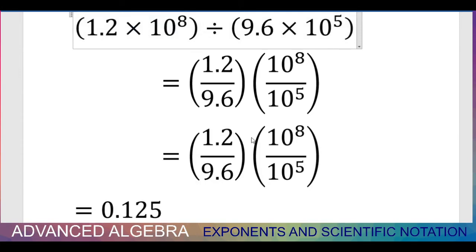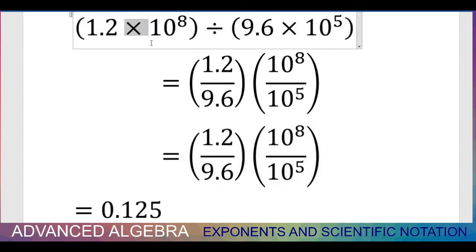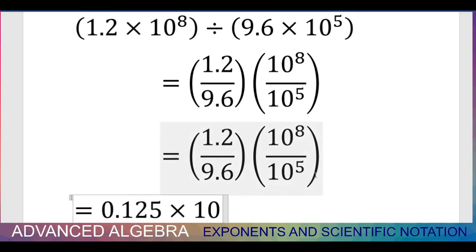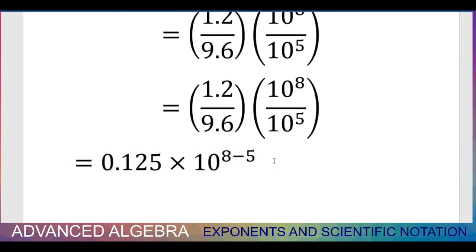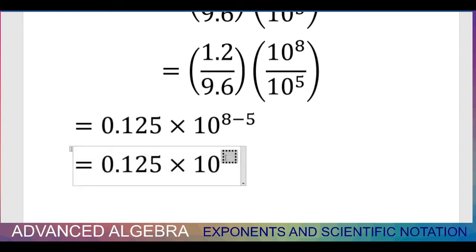Ay, sorry, mali ang aking gawa. Multiply natin, so 10 raised to 8 power, di ba, minus 5. So, minus 5. Next. 8 minus 5 is 3.